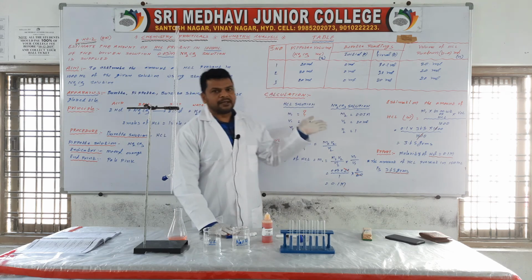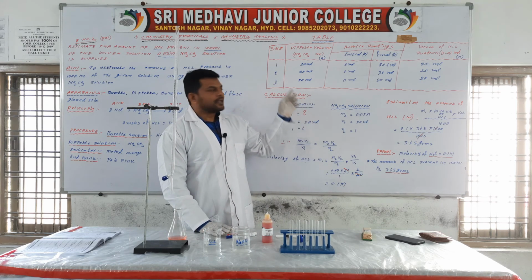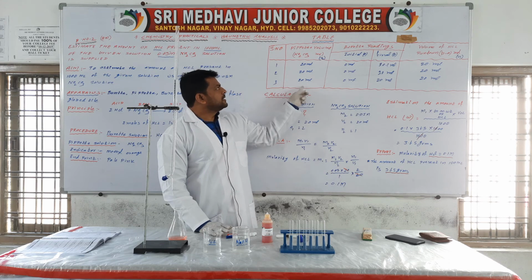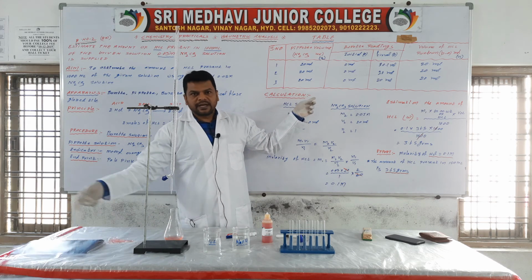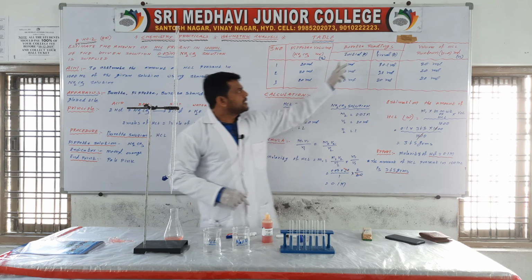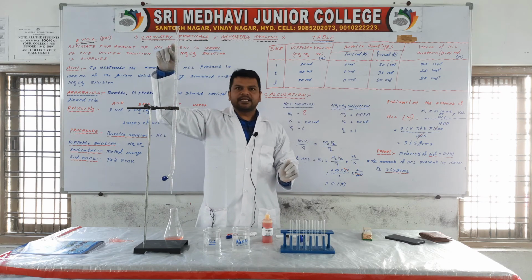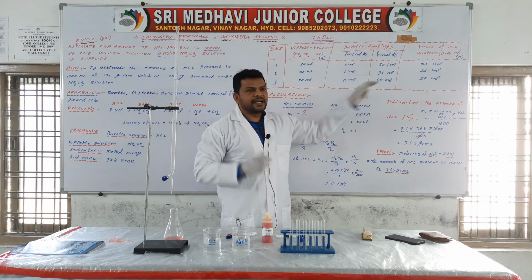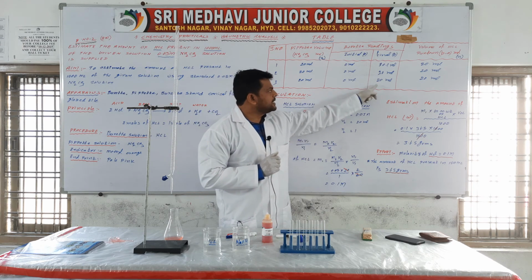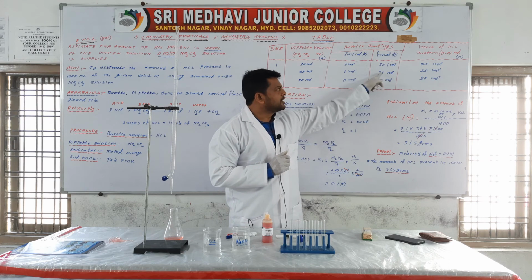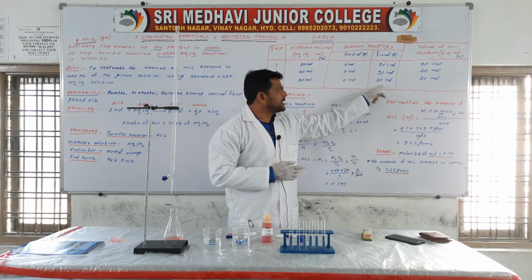Then you go for the table. In the table, the volume of Na2CO3 by pipette is 20 ml. The burette initial reading is 0. Next, the final reading, the volume of HCl run down. After the experiment you will get the final reading, that is 20.1, 20, 20. These two values coincide, so I am taking one value.